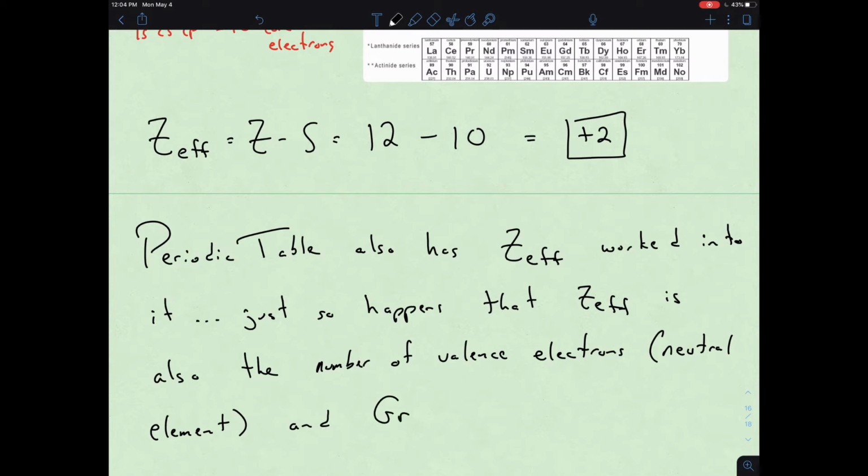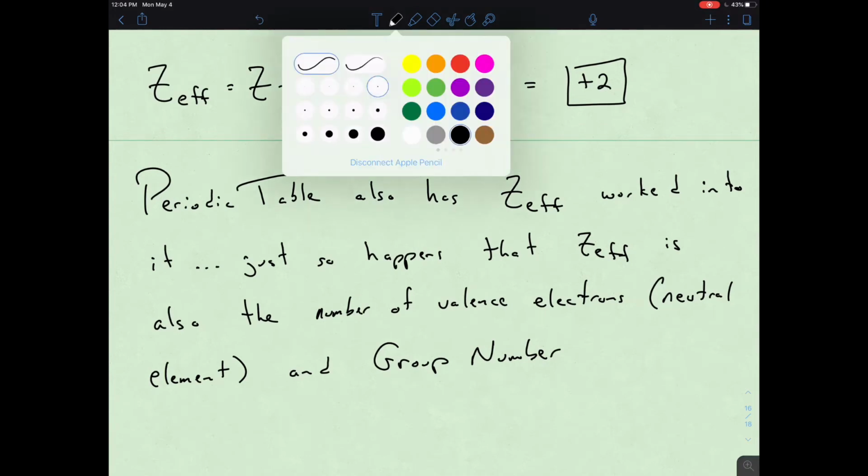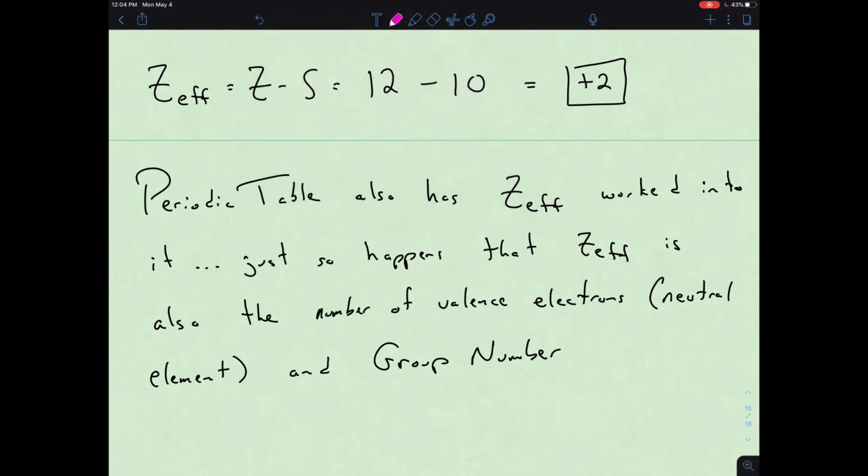And our group number again. So there's that relationship that we had between valence electrons and group number. We also have that now between Z effective and group number.